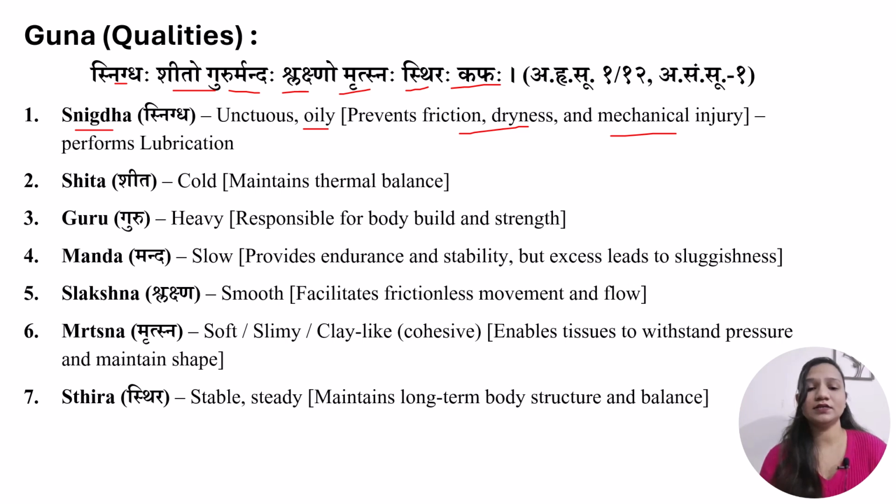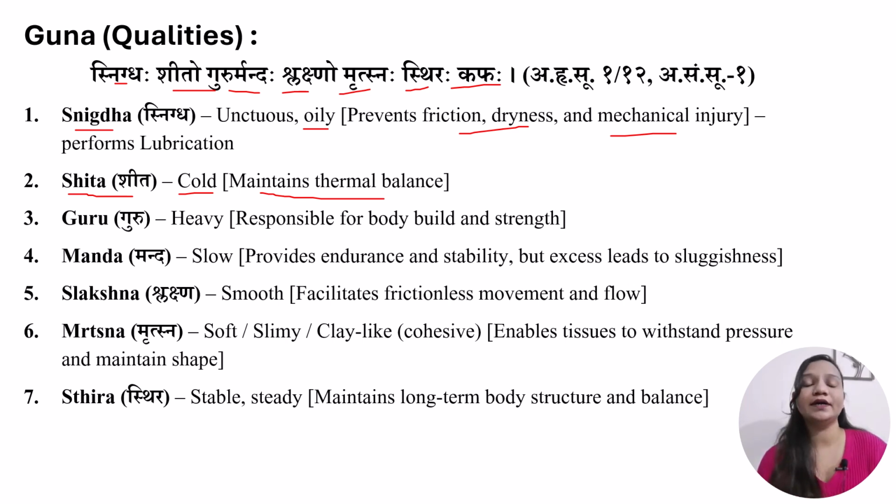Next one is Sheeta gun. Sheet means cold. So due to the presence of this gun, Kapha Dosh maintains thermal balance. We have already discussed in the previous lecture of Pitta Dosh that Pitta Dosh has Ushna Gun, which produces heat in the body, and opposite of that Kapha Dosh has Shita Gun, which maintains thermal balance.